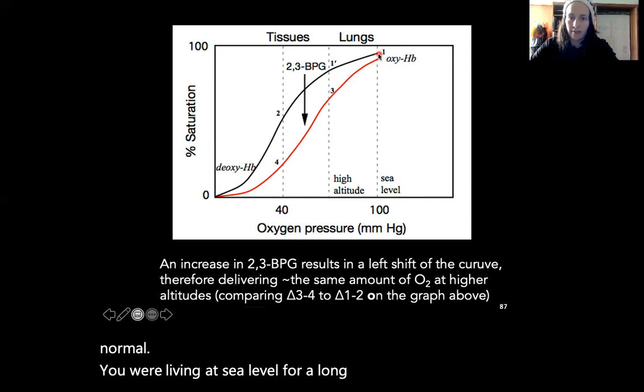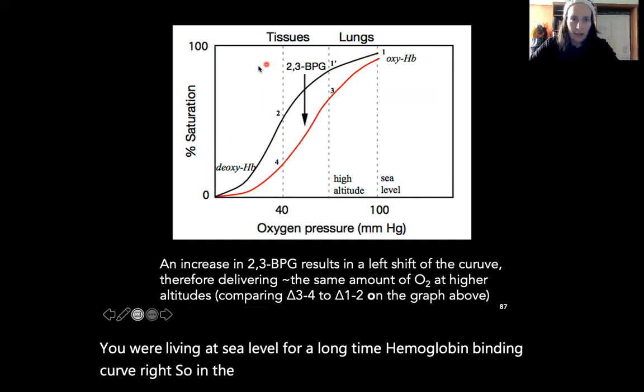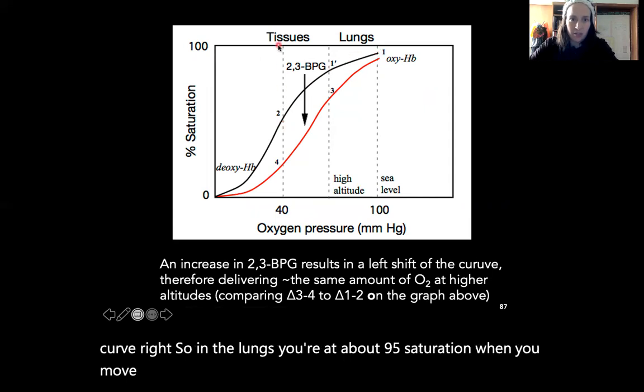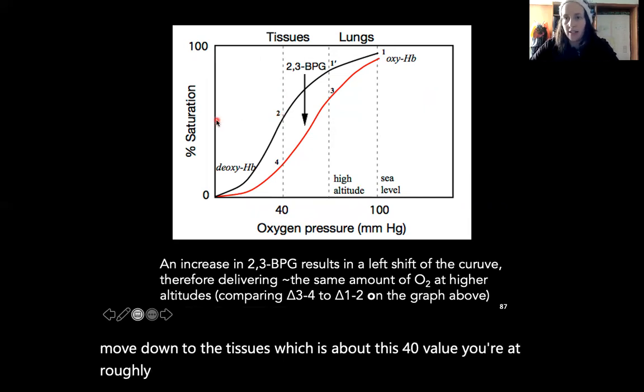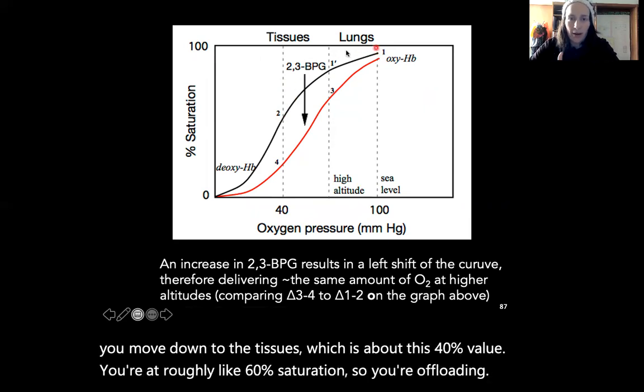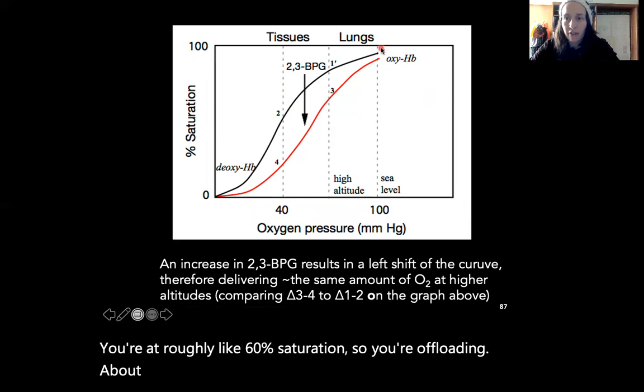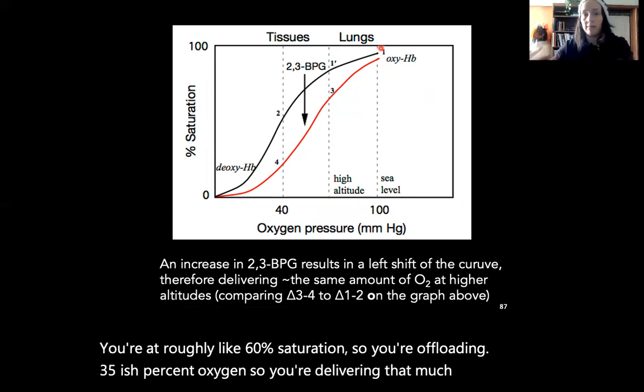In the lungs, you're at about 95% saturation. When you move down to the tissues, at about this 40 value, you're at roughly 60% saturation. So you're offloading about 35-ish% oxygen. That's how much oxygen you're delivering to your tissues, okay?